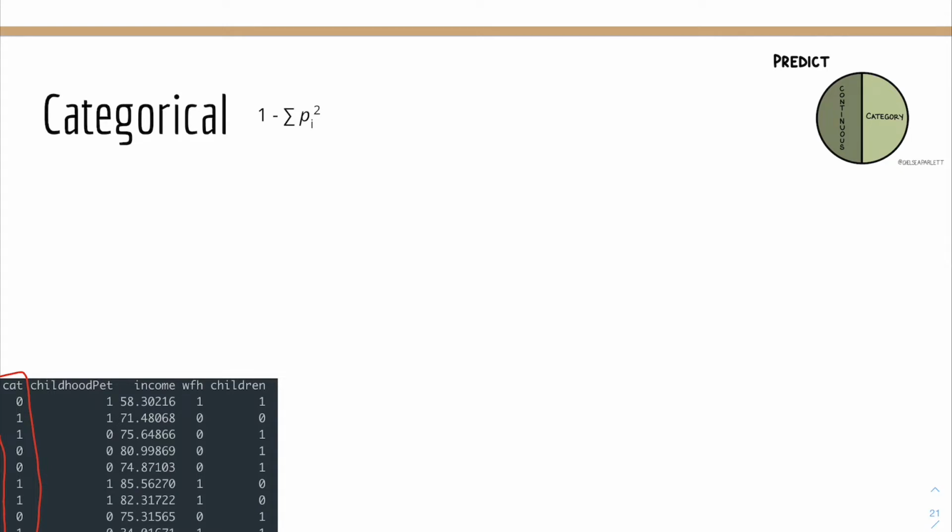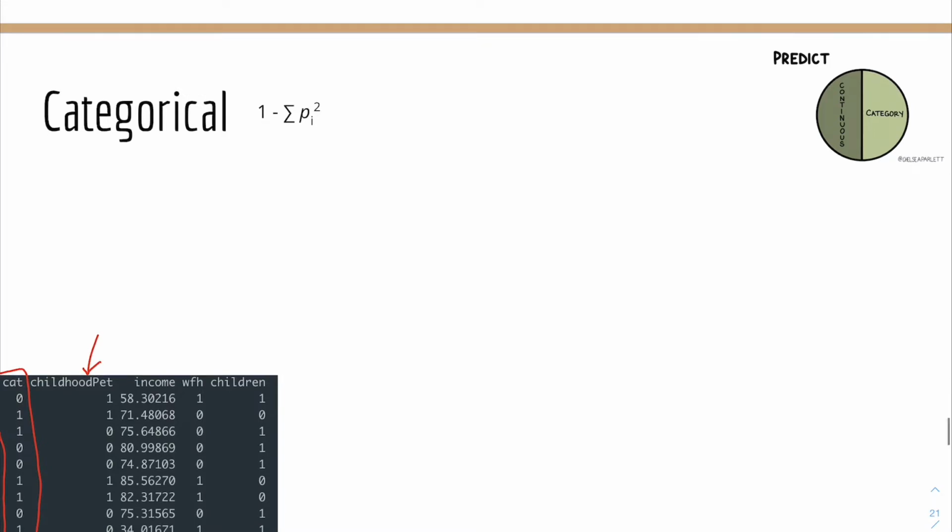The first one is whether or not someone had a childhood pet. So 1 is yes, 0 is no. We have their income in thousands of dollars. We have a yes-no variable, whether or not they work from home. 1 is yes, they do, 0 is no, they do not. And then here we have whether or not this person has children. So it's going to be 1 for yes, they do have children, and 0 for no, they do not.